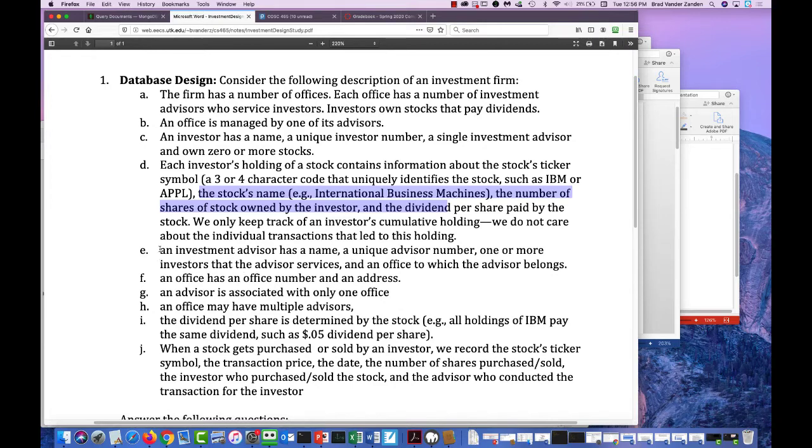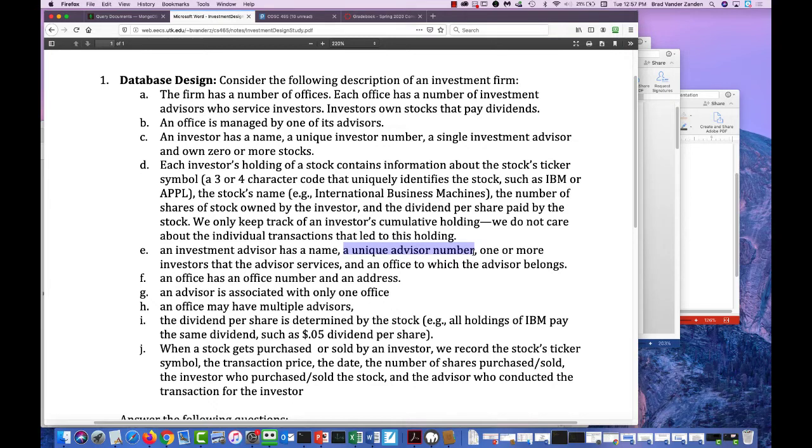Okay, an investment advisor has a name, an advisor number, 1 or more investors that the advisor services, and an office to which the advisor belongs. Well, this is giving us multiple things. It's giving us a name, so that seems like a descriptive attribute. A unique advisor number. Well, anytime I hear the word unique, I think identifying attribute.